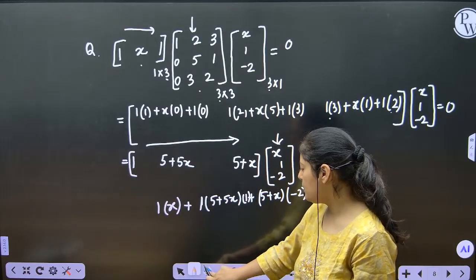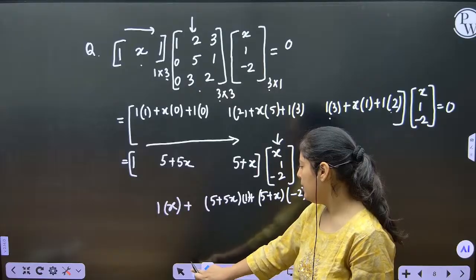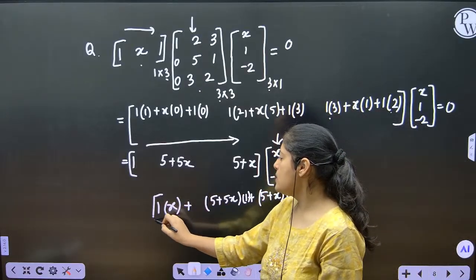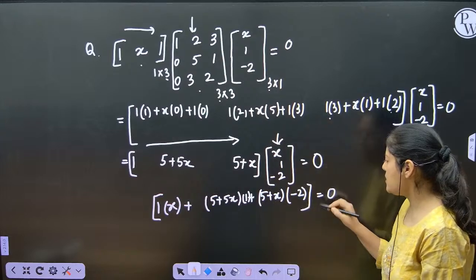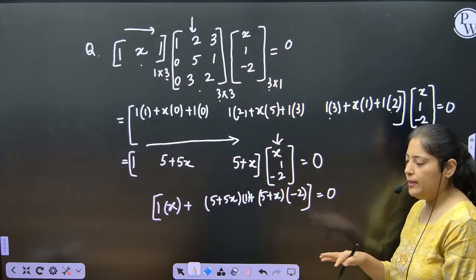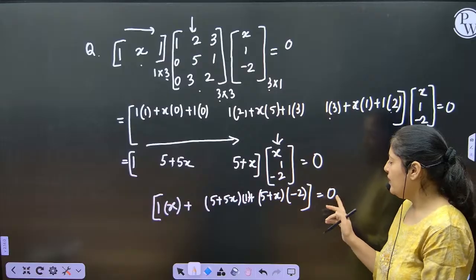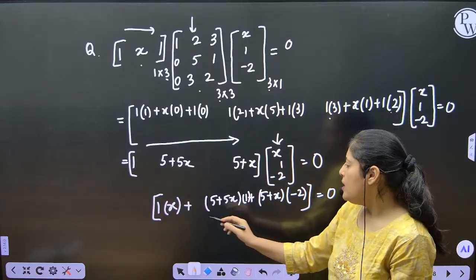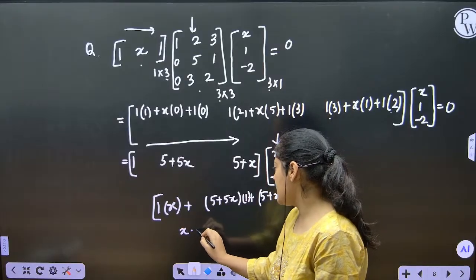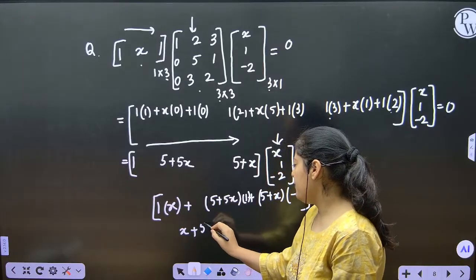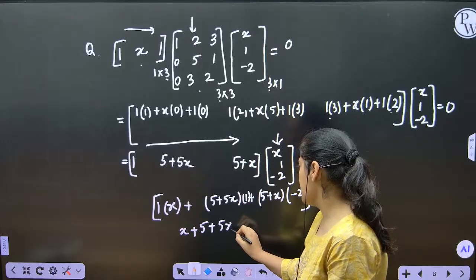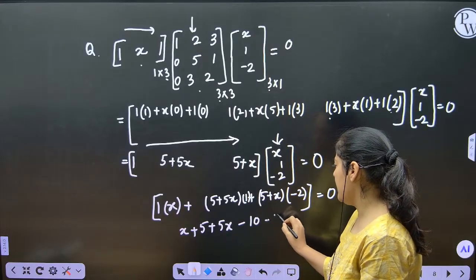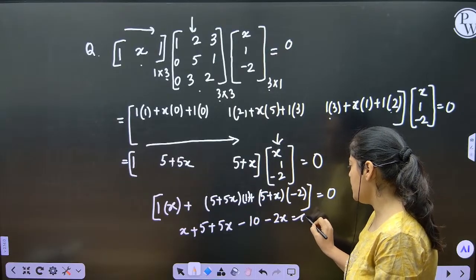This is nothing but equal to 0. Now this is not a zero matrix, this is 0 only, because it is actually a singleton matrix now. So x, 1 will be multiplied with 5 plus 5x, and 5 twos are minus 10. It will become minus 2x equals 0.